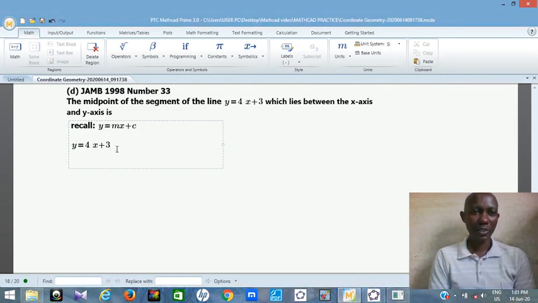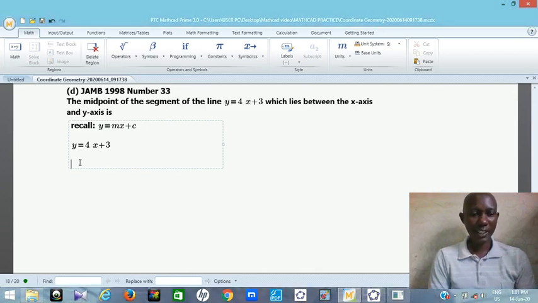And you know what that means? That means on the y-axis, the line touches the y-axis at point 3. So we can get the intercept from this point now. And if you remember our intercept topic, I gave you a condition.